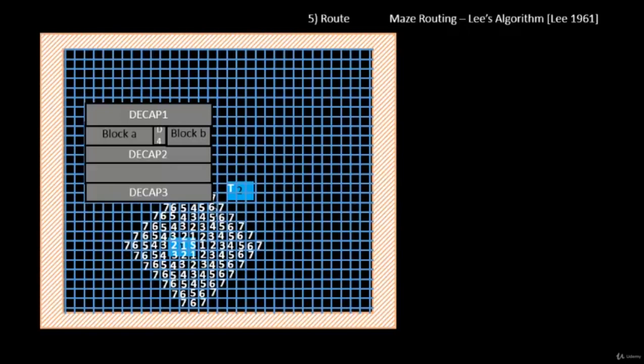The grid boxes adjacent to 6 are all 7s, and there are some 7s below this also, but they are not visible because of the blockage. There is a small 7 visible over here, and the reason is that this lies somewhere outside the routing grid. So you have this 6, the adjacent ones are 7, so this is 7, this is 7.